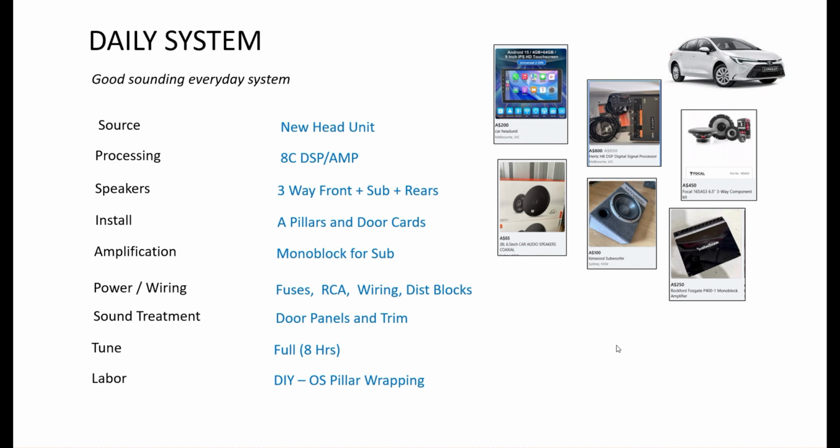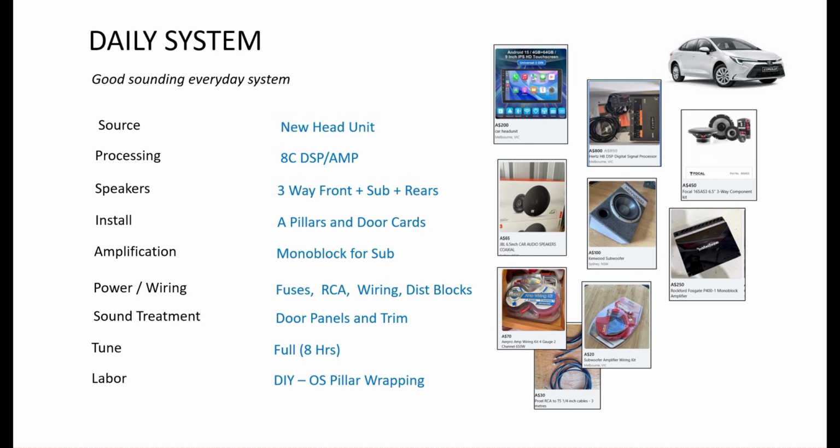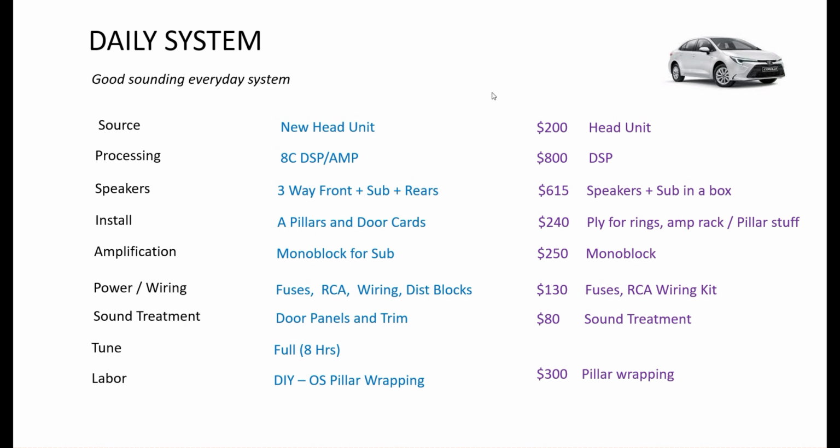I found a Rockford Fosgate monoblock for $250, which would be perfect to run the sub, and some wiring kits and bits and pieces and fuse boxes I was able to find as well, as some sound deadening material for $80 that someone was selling. So I've got everything to build my system now. So $200 for the head unit, $800 for the DSP, $615 for all the speakers, including the sub box.